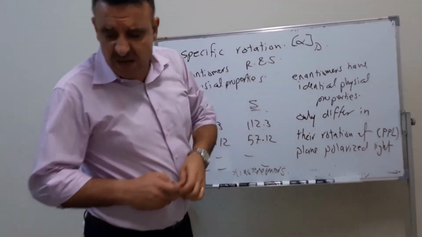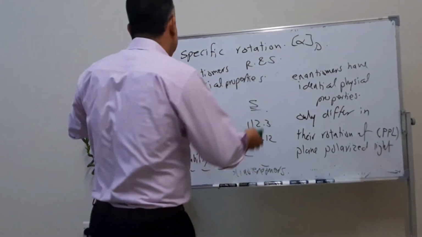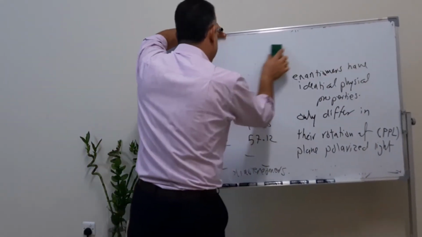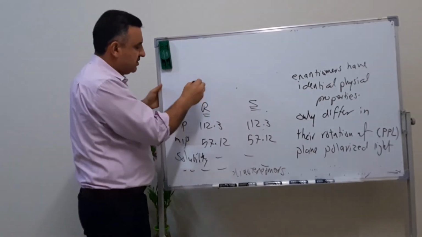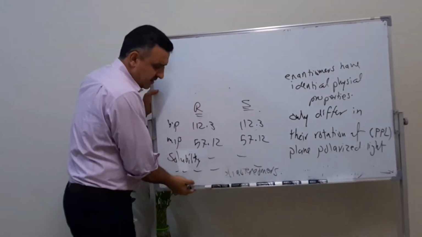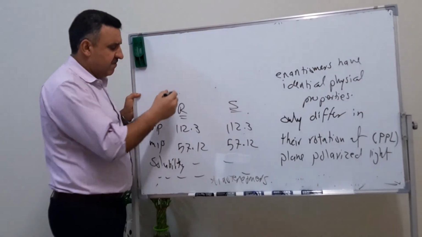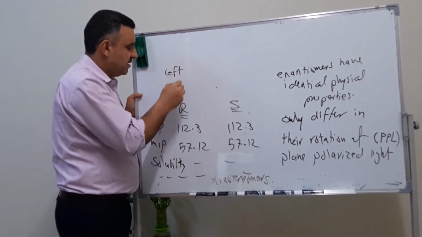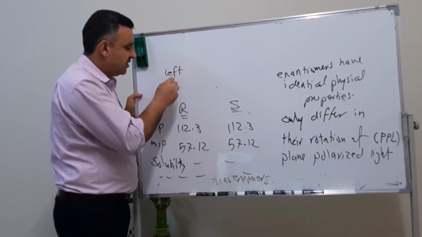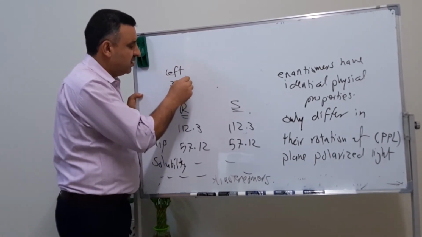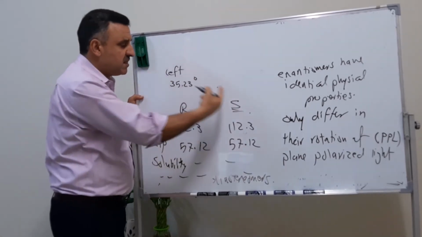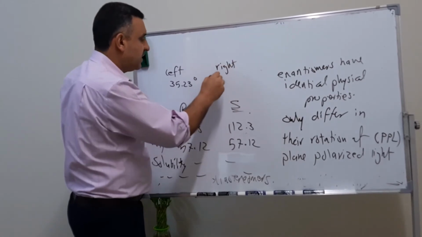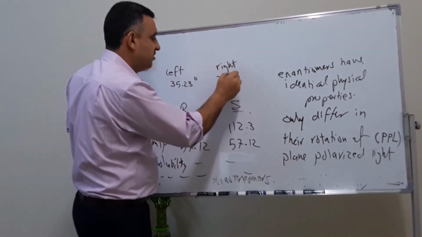So what does that mean? If the R compound rotates the plane polarized light to the left by, for example, 35.23 degrees, then the other must be rotating the light to the right by the same angle, 35.23.